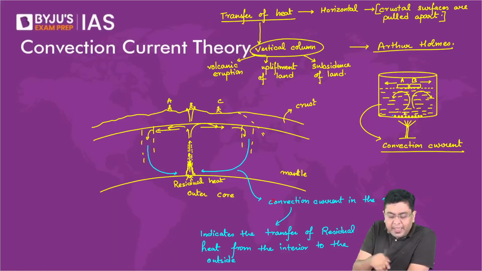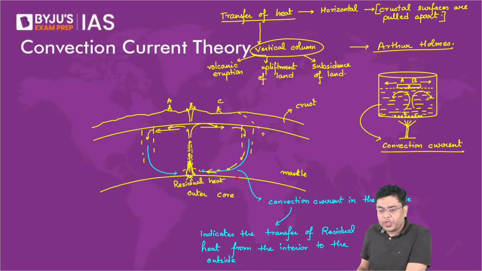Similarly here also, due to extraordinary amount of pressure, there will be a gap created as the liquid rises up, so the nearby portion of the solid will be pushed here. Then here there will be a gap, and nearby will be pushed here. Like that, you will have an entire convection current.